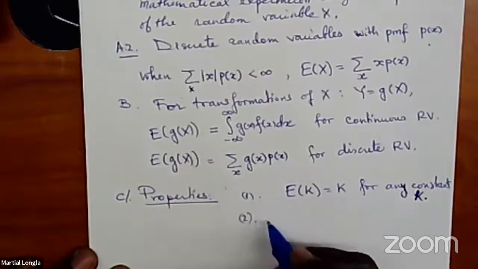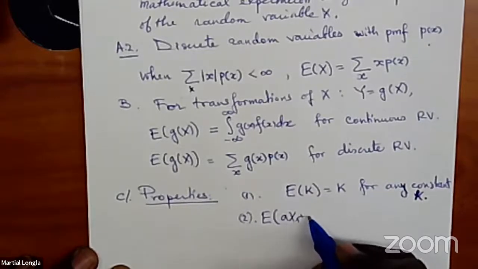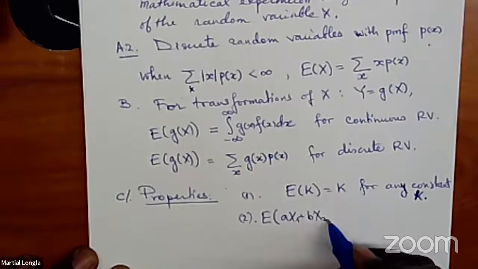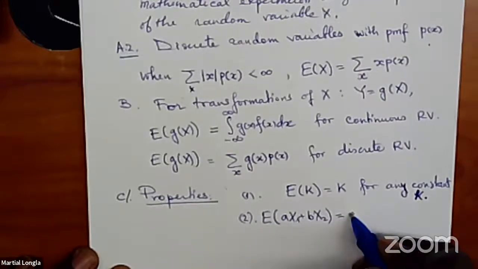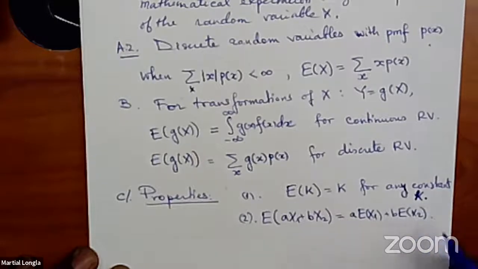And then the expected value of a x1 plus b x2 is equal to a times the expected value of x1 plus b times the expected value of x2. So the expected value of a linear combination of random variables is the linear combination of the expected values.